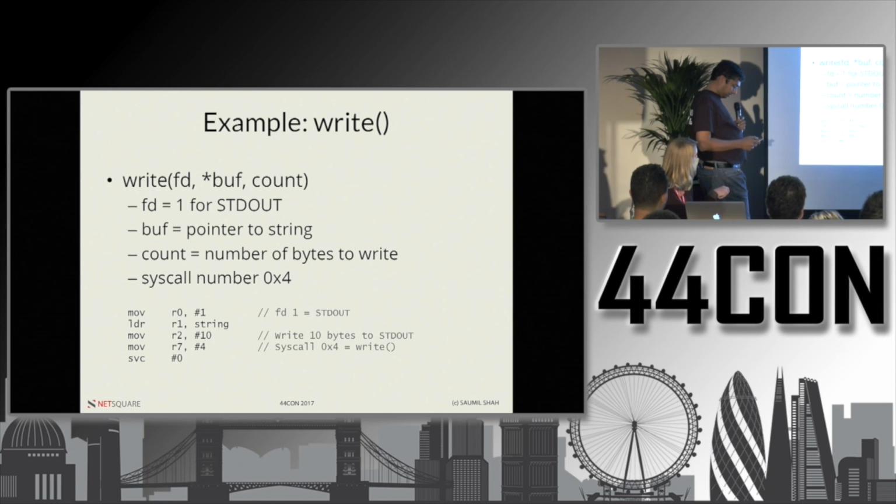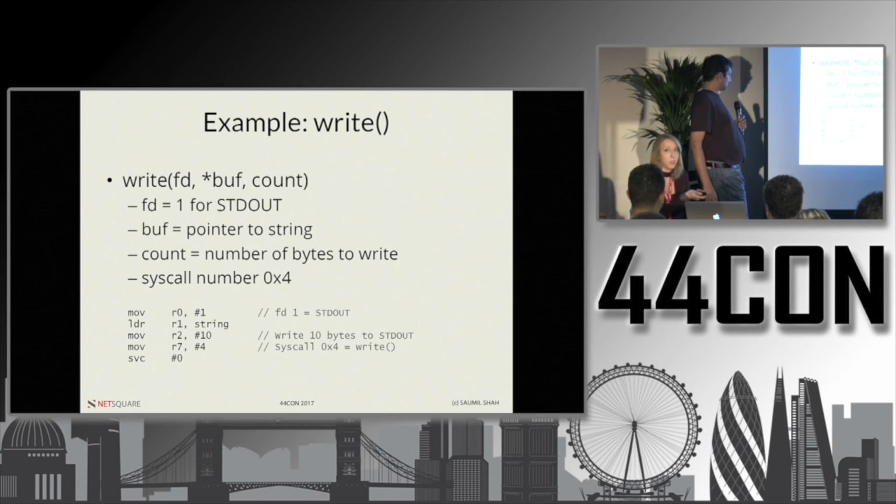Very simple. We move the 1 into R0. The pointer to the string loads into R1, and then the length in bytes into R2. Then syscall number 4 of write into R7, and we invoke.